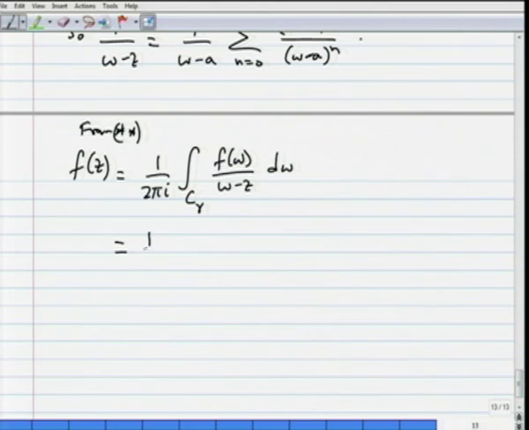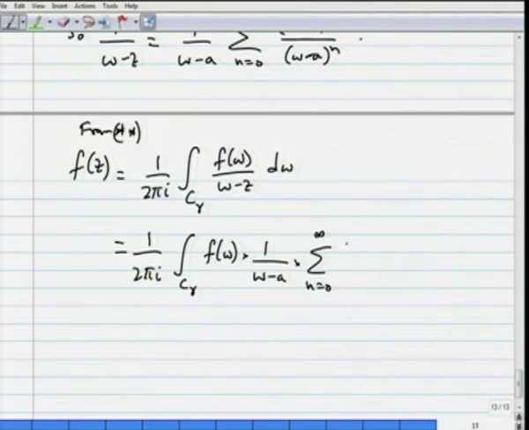Okay. So, this is equal to 1 by 2 pi i integration over C r of f of w, I will keep the f of w aside, times 1 by w minus a times the sigma n equals 0 through infinity of z minus a raised to n divided by w minus a raised to n, and then all this dw.